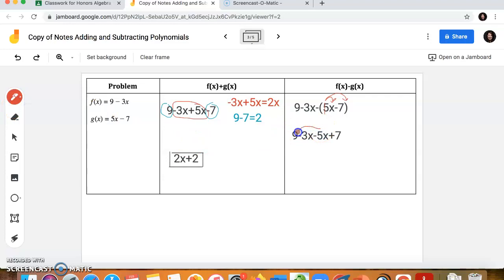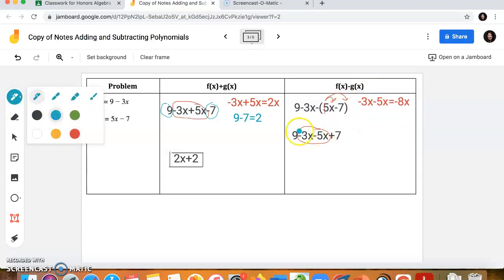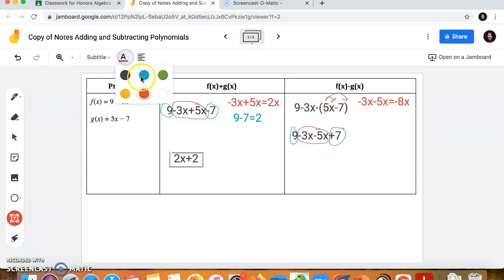We can do negative 3x minus 5x. Negative 3x minus 5x is going to equal negative 8x. And then we can also combine the 9 and the 7. And 9 plus 7 is going to get us 16.